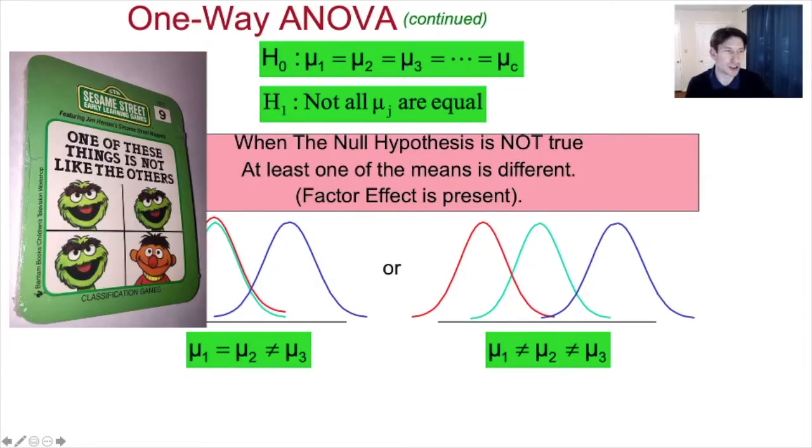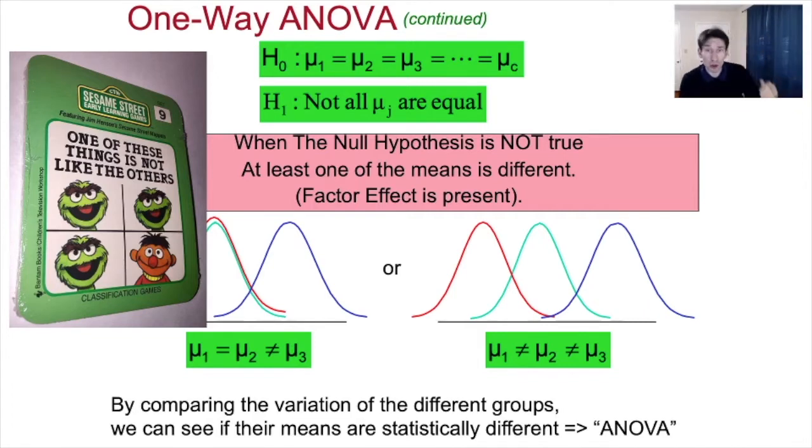That's right, it's just like in that Sesame Street song that you all know. One of them is different from the others. So importantly here, we are using the variation between the different groups to see whether their means are statistically different. So it's an analysis of variance, but the conclusions we make are about the means.